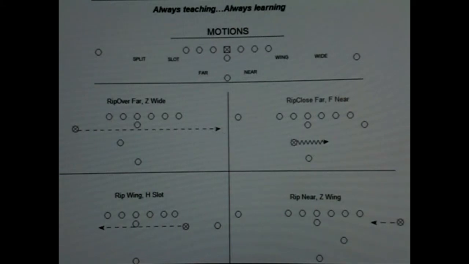So now, because philosophically, I believe in running a few plays from a lot of formations, it's important that my offense be able to do this, because we're only going to run a few plays. But we're going to make them look different with all this movement. And again, you saw how different things look when you watch the alignment and formation segments that we had, and how we can put different people in different positions.